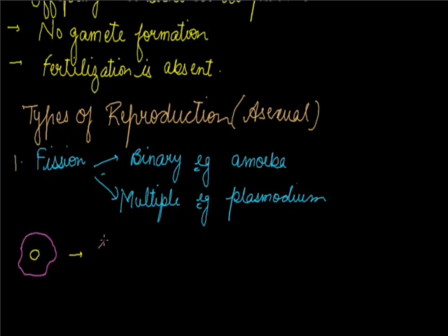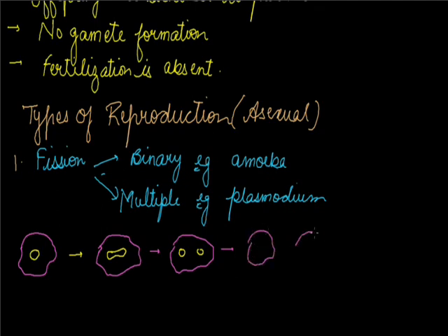The nucleus extends, and then the nucleus further divides, followed by cytoplasmic division. So two amoebae are formed, and this is known as binary fission, in which the organism splits into two daughter cells.